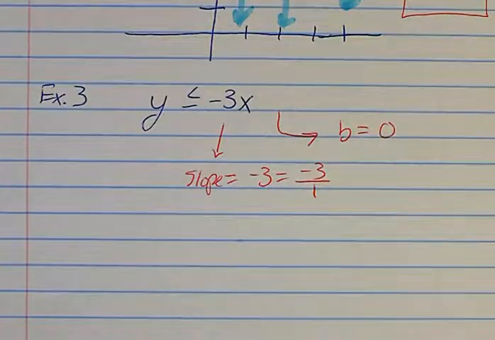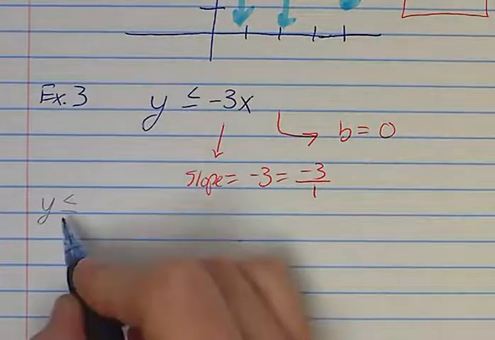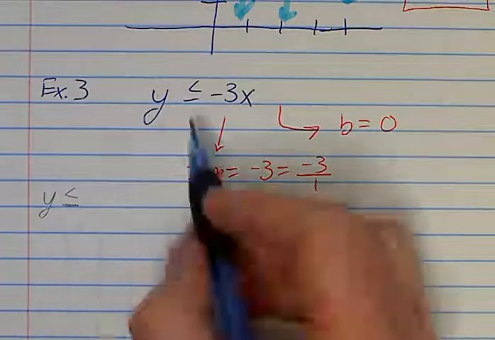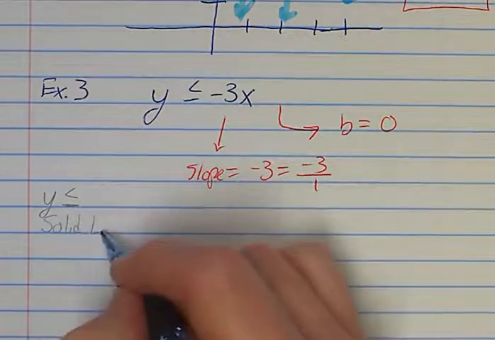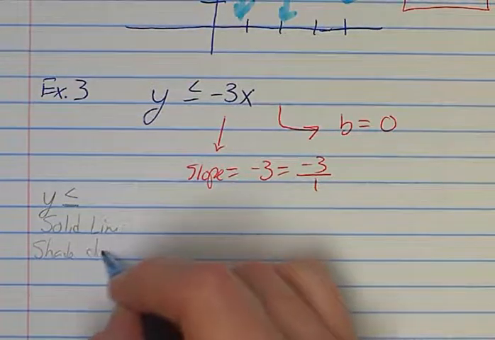If you don't add anything to it, that makes the b value 0. Okay, and the less than or greater than symbol tells us what to do. First off, it's got the bar underneath it, so that's a solid line. And because it's y less than, we're going to shade down.